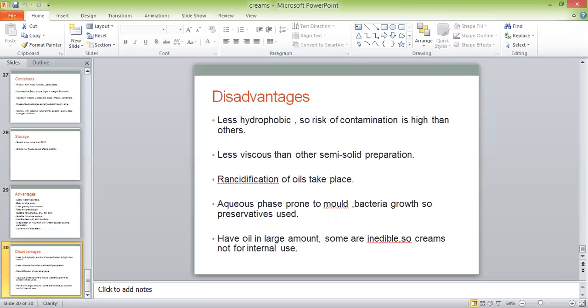They have oil in a large amount, and some are inedible, so creams are not for internal use. It should be clearly mentioned on the label that they should be used externally only. They are meant for topical treatment, to be applied on the skin only, and should not be taken internally. Any questions?